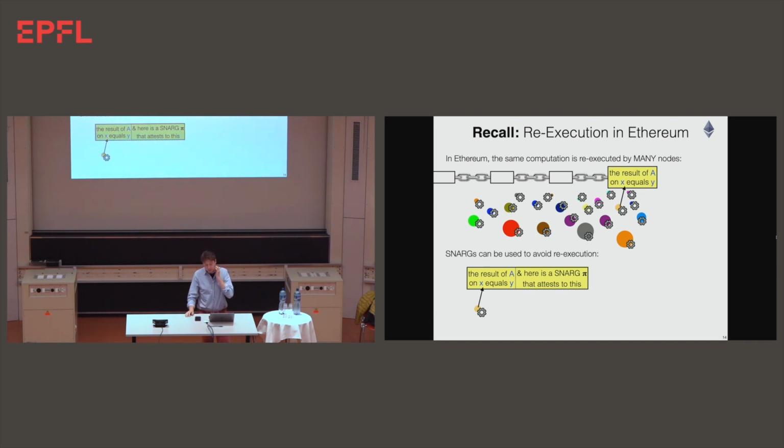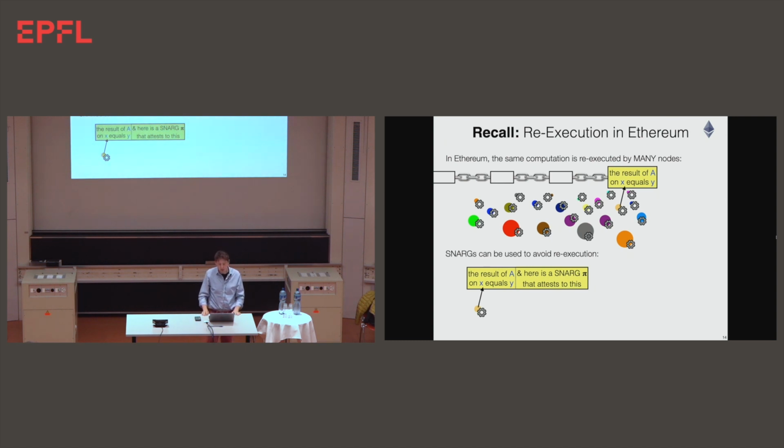This works. Actually, it's great. Okay? However, for making useful systems, it's not quite enough. The main reason is that the kinds of computations that people have in Ethereum are not like one user with a big computation, but more like many users with simple computations. Maybe a simple payment or a trade, a simple smart contract call. They have to pay for those computations, so there are many simple events.